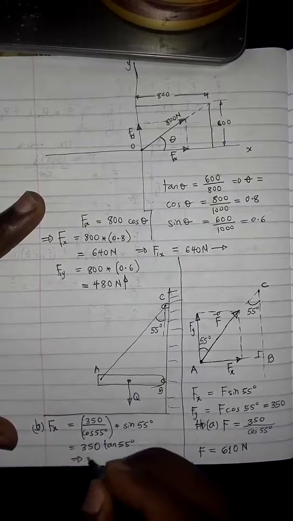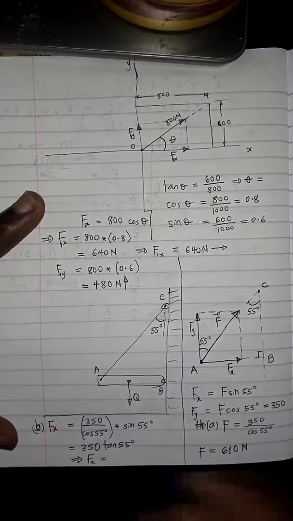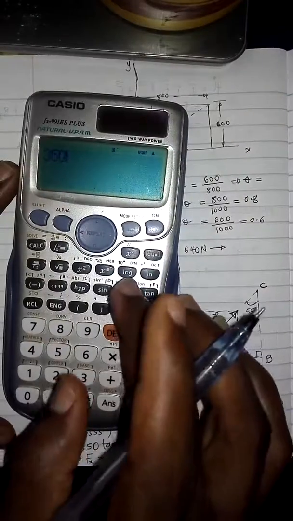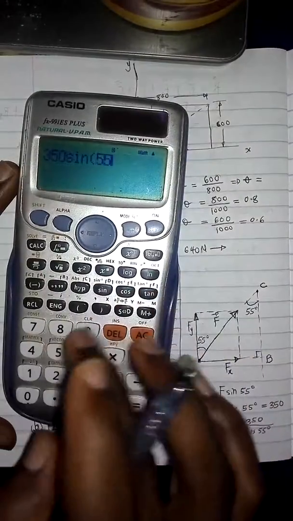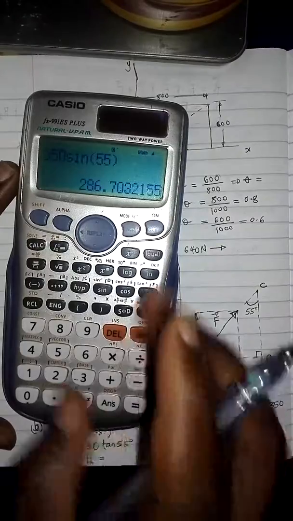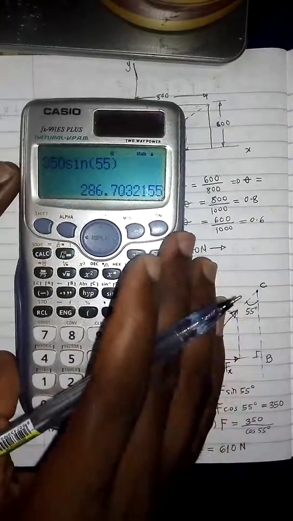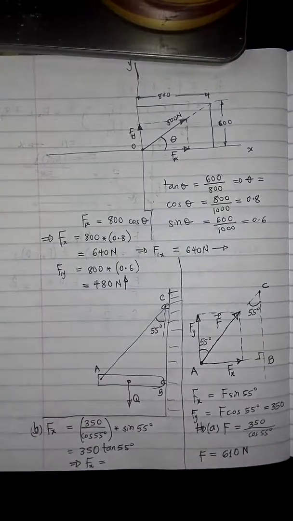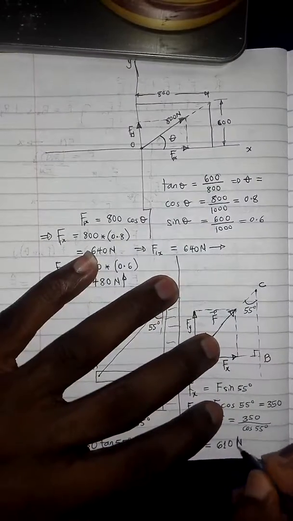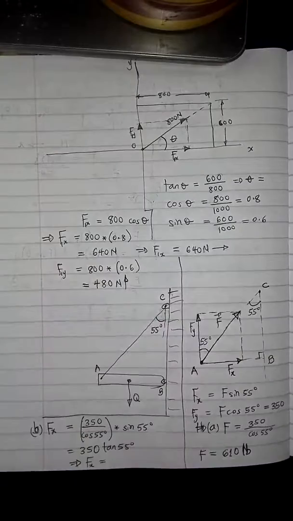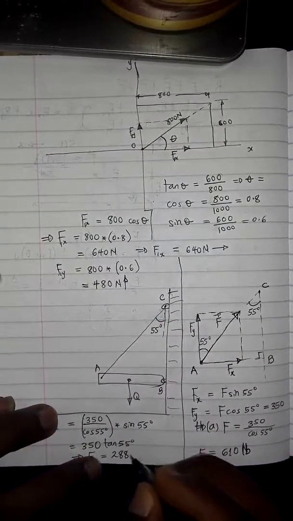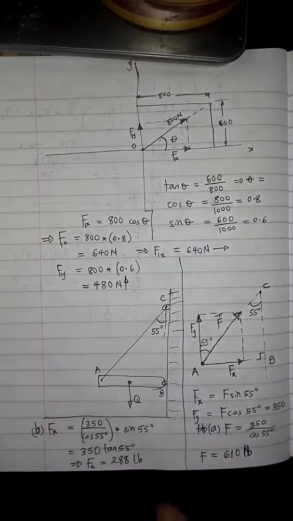So from here I can get my Fx. So that will be 350 tan 55. So I'll get 499.8. So in three significant figures, that will be 500 pounds. Sorry, this is pounds. The problem is given in pounds. So this is going to be 500 pounds. So that's that about that.